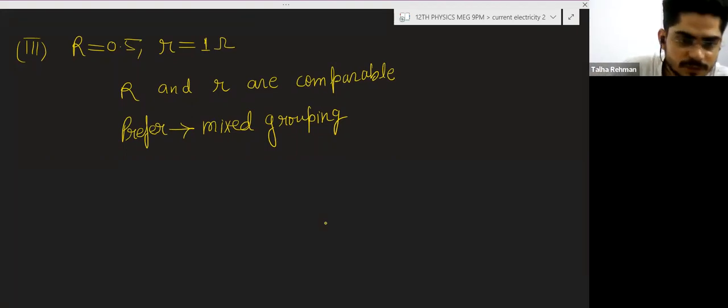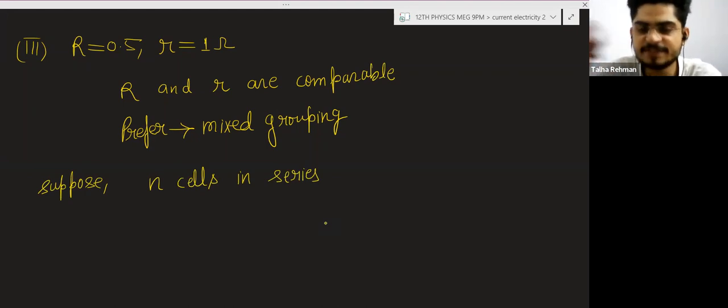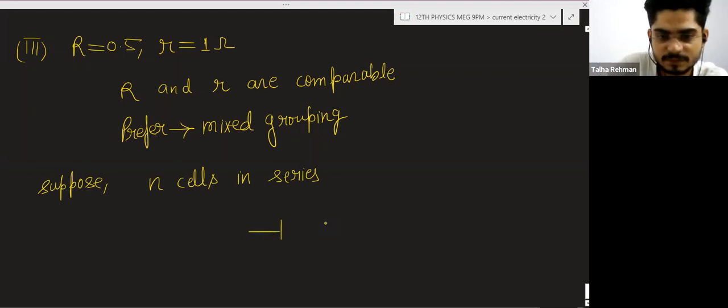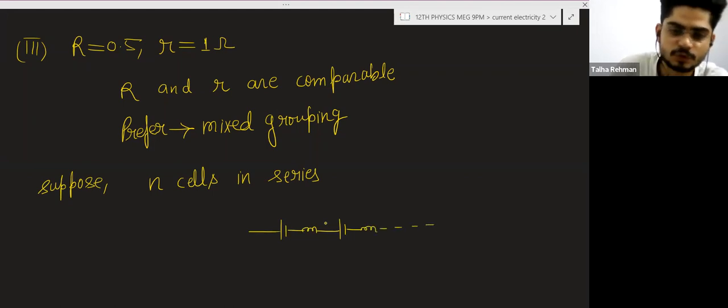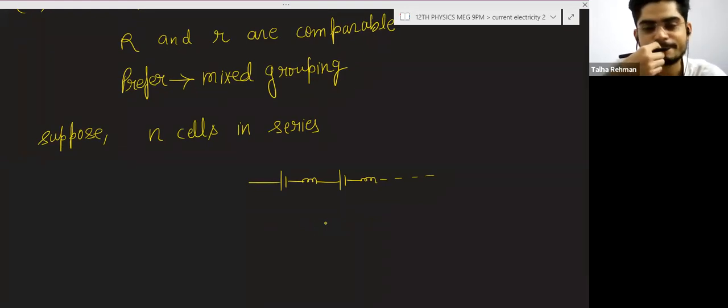So suppose you have connected n cells in series. You have connected n cells in series like this, in a row.